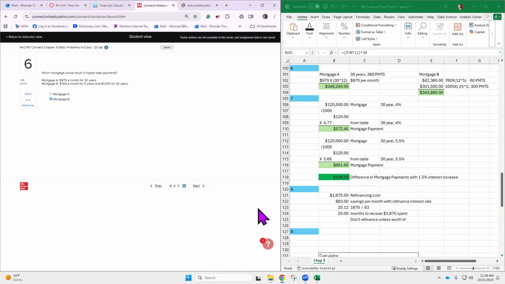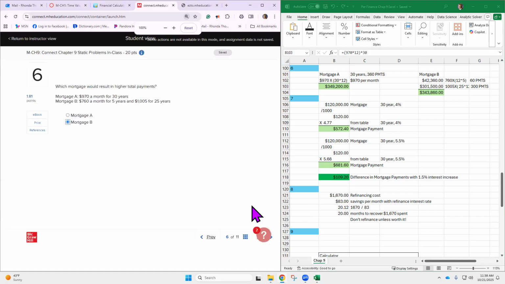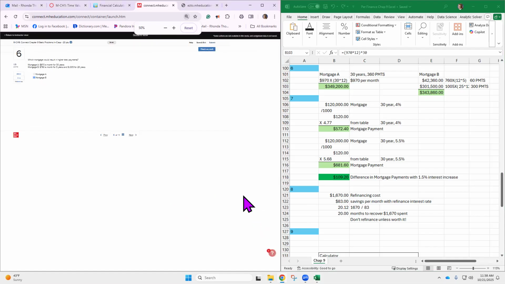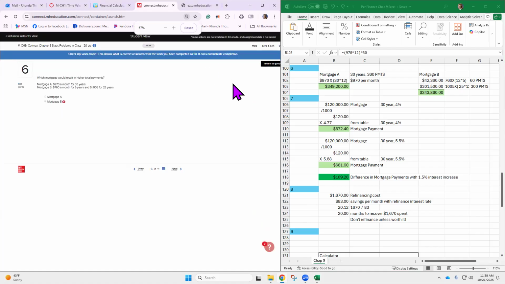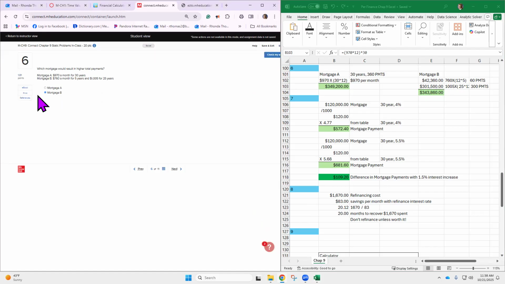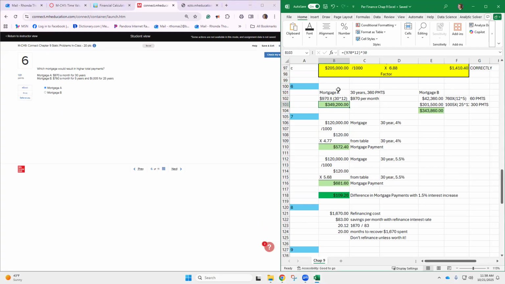So mortgage B is actually the better deal as far as the total payments that you make. Wait, what? Which would result in higher total payments? My fault. It's A. A is the higher total payments.